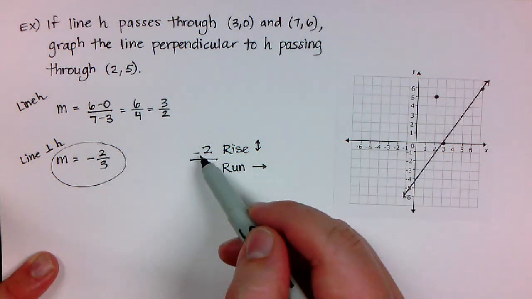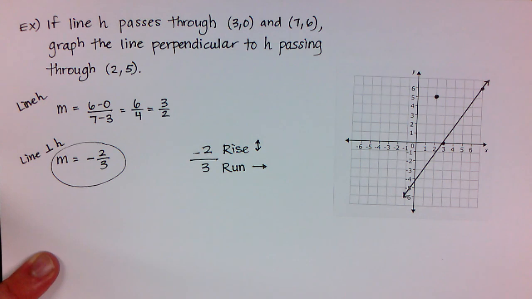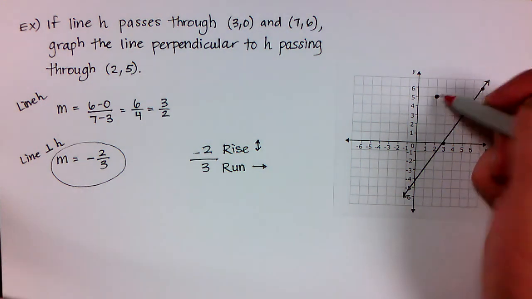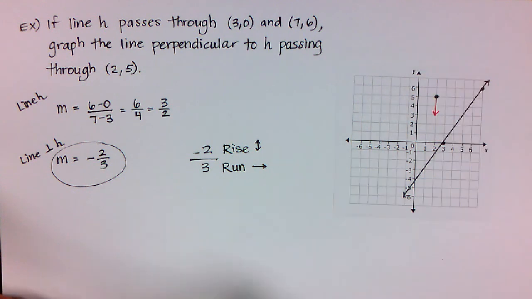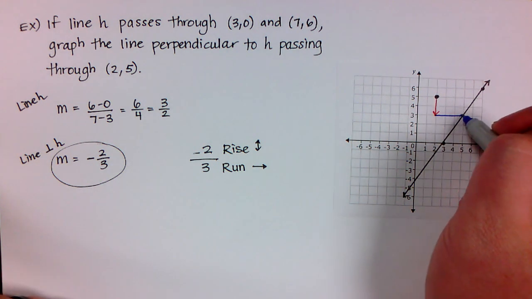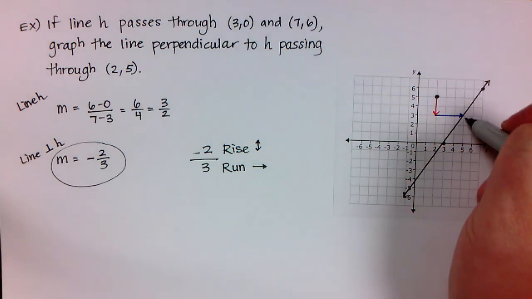Okay, so since it's a negative number on top, that means I'm going to go down in the negative direction. So starting at this point, 2, 5, I'm going to go down 2. So I'm going to just go ahead and draw myself a line, and you don't have to do that. And then we're going to go over 3. We're going to run 3. 1, 2, 3. And that's where I'm going to plot my final point, right there.